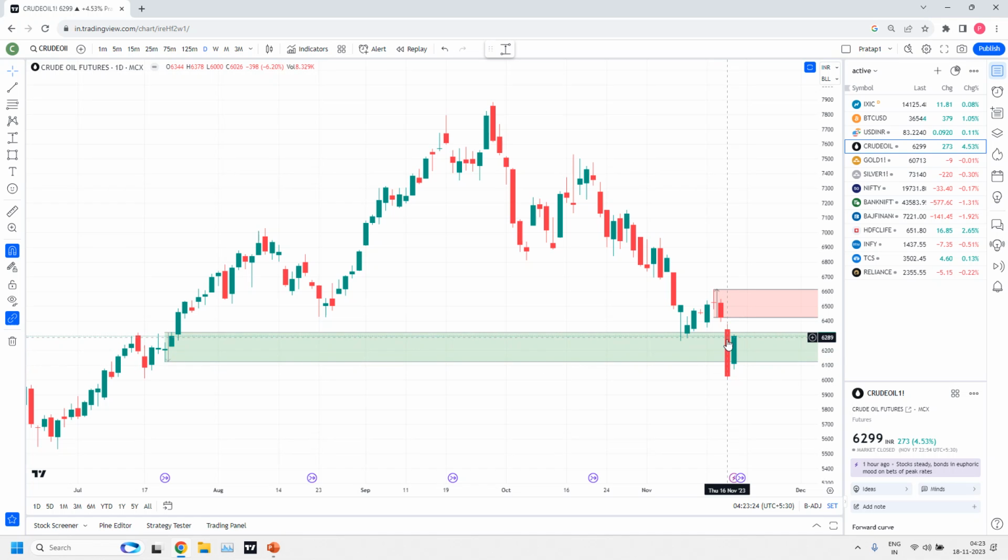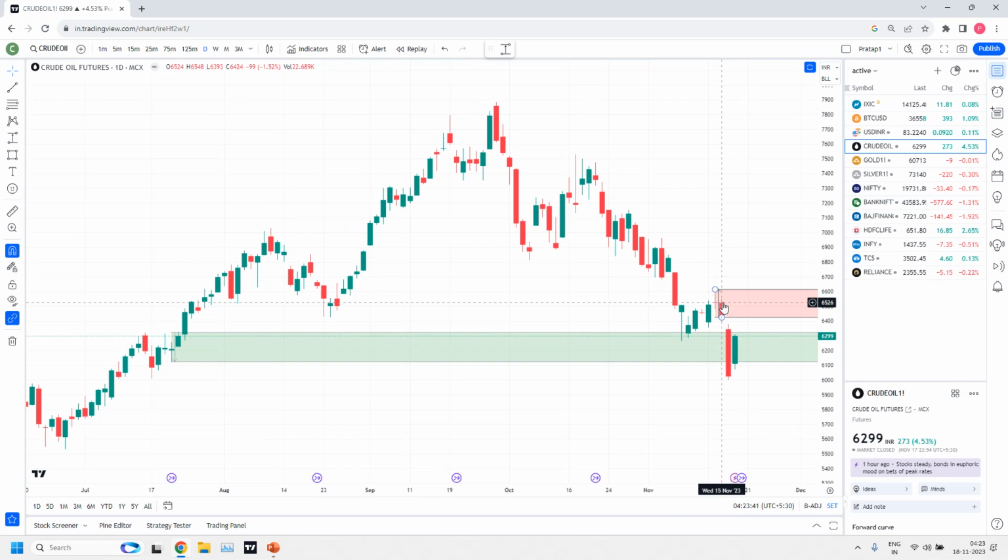Because the prices passed through this zone, now this zone is called a violated zone. And which zone is responsible for violating this zone? It's the opposing zone. Opposing means the zone that is resisting this zone, basically the opposite side zone.